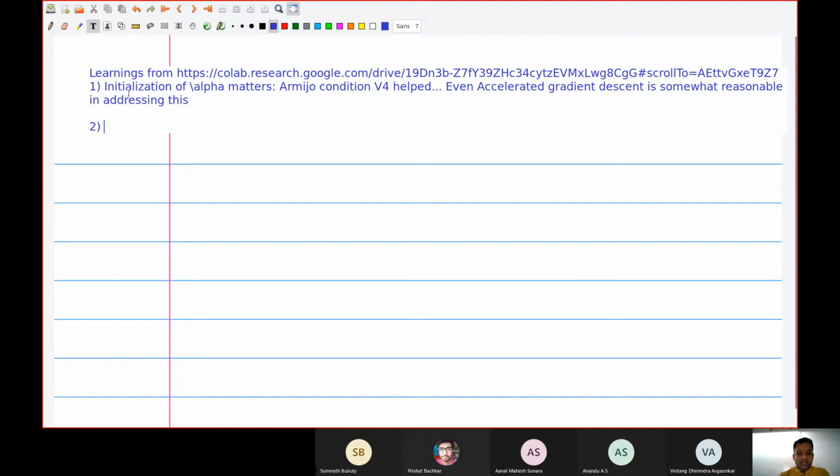So re-initializing alpha matters. Actually, the alpha in the Colab notebook is gamma in our notation. Why did resetting alpha give better results?